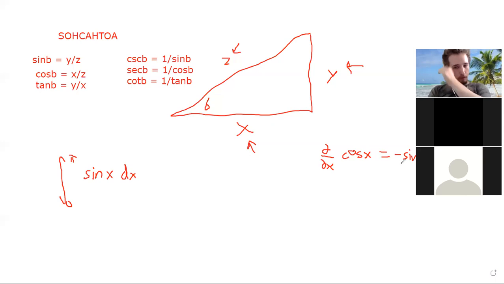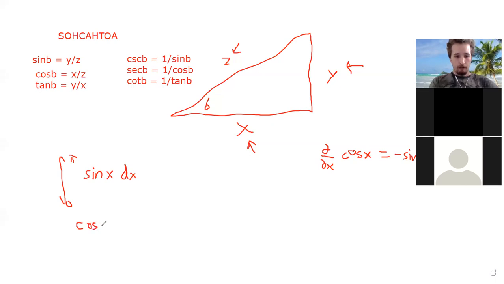So going backwards, if we have sine x, well, then the integral of that is going to be cosine. But remember, we have a negative, right? So it's going to be negative cosine x, evaluated from pi to 0.